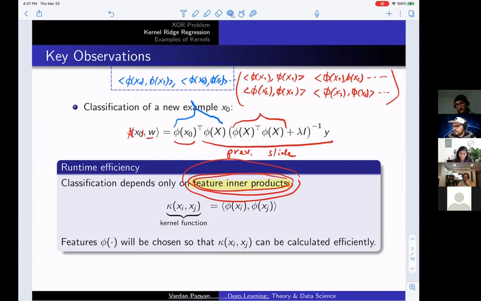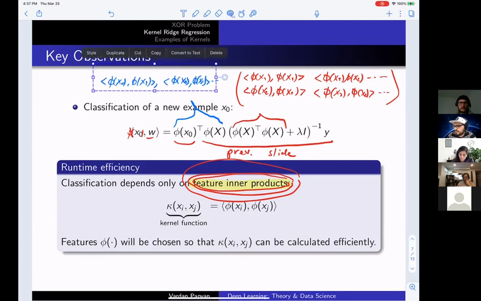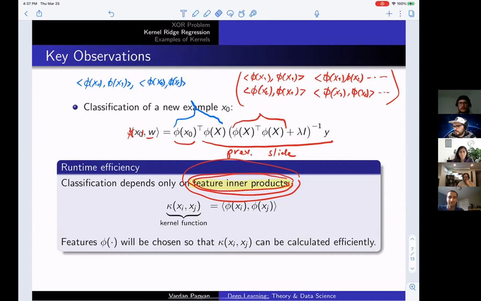I do apologize. You see, this is why I create slides, so you don't have to suffer with this horrible handwriting that I have. You see, this is the vector phi x0 transpose phi x. Does this make sense? And so you can see everything depends on the inner products of the features.